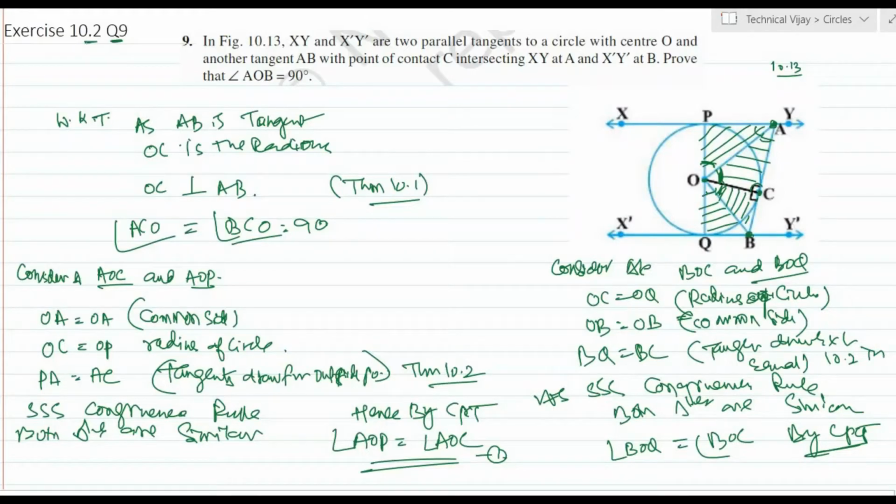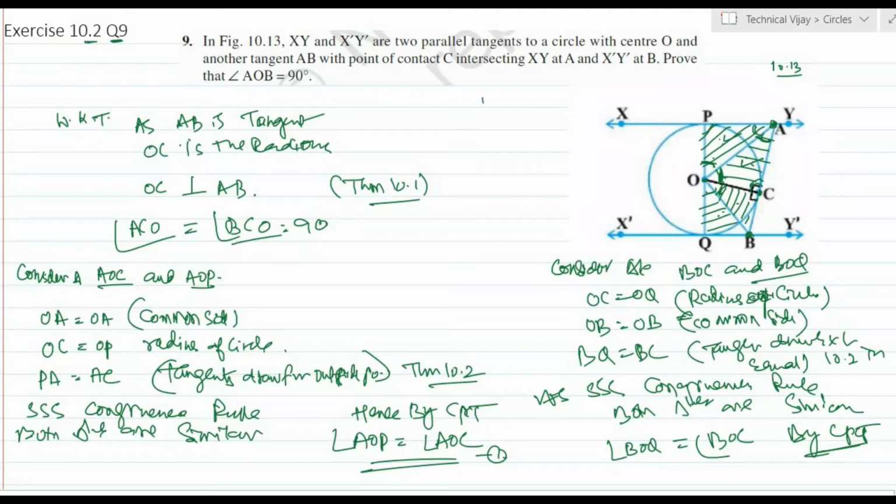What we have done is consider this triangle and this triangle, shown them to be congruent, and afterwards equated this angle with this angle. Because both triangles are congruent, and this is 90 degrees and this is 90 degrees, both angles are equal. And in these two triangles also, BOQ is equal to BOC.